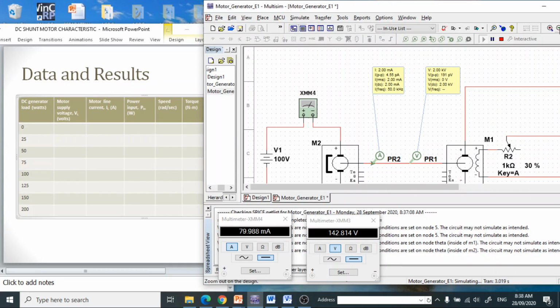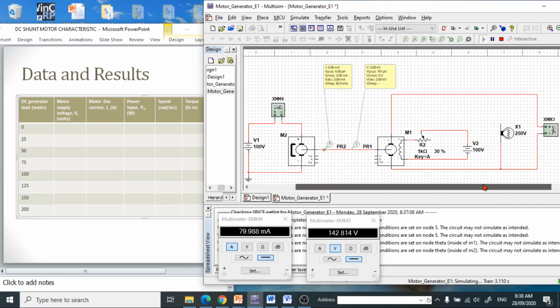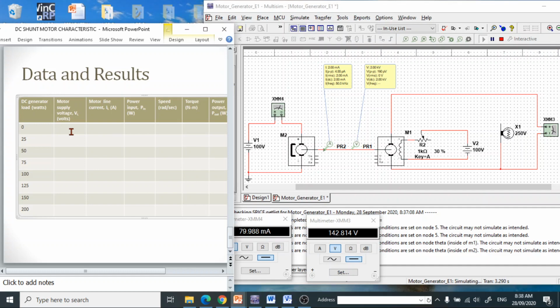So we'll try to record the following details. We have there 100 volts.